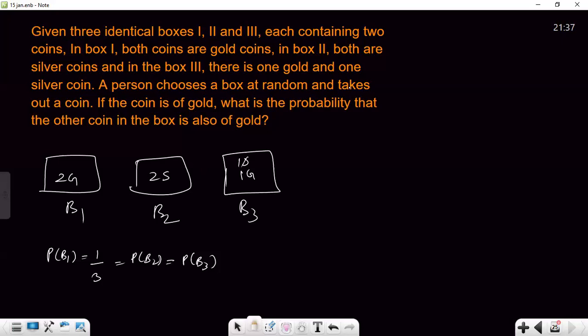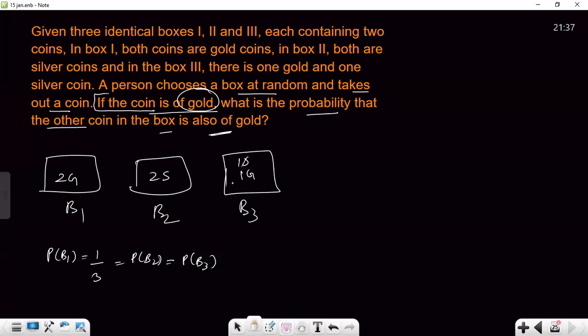A person chooses a box at random and takes out a coin. Okay. If the coin is gold, it is given that the coin is gold. What is the probability that the other coin in the box is also gold? So both of the coins will be gold in a box when? In which box are there two gold coins?